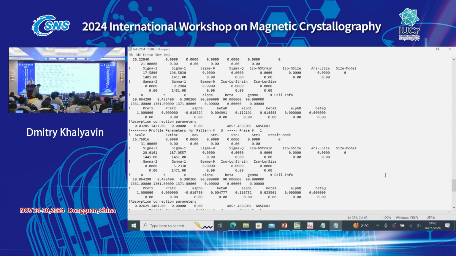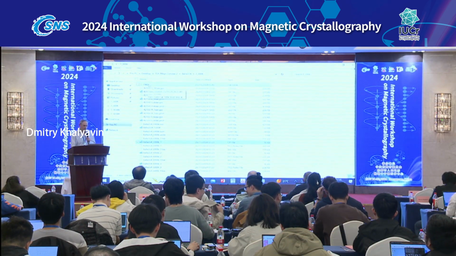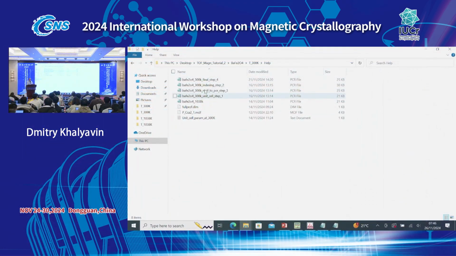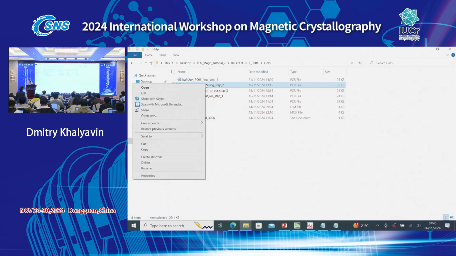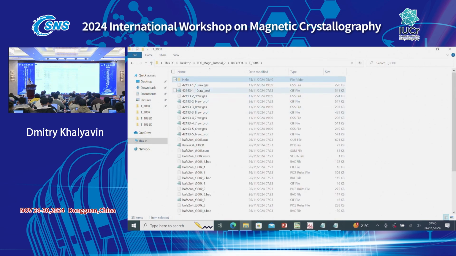So guys, if you are lost, let me show you again. In each folder you can find subfolder help. In order to run the PCR file, you cannot run directly from help because there are no experimental diffraction patterns in this folder. So you need to take whatever you want, let's say the indexation step, copy this PCR file to the main folder, which contains our patterns.